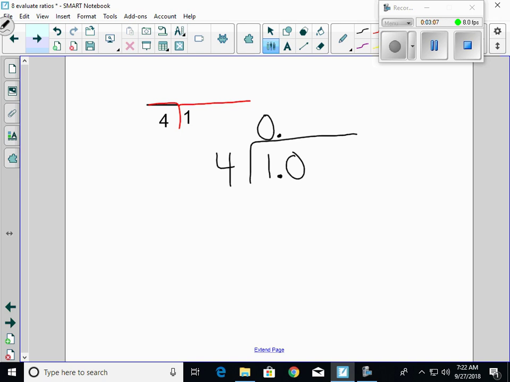Now I'm dividing 4 into 10 instead. Well, 4 goes into 10 2 times because 2 times 4 is 8. So 10 minus 8 is 2. Now I still have a remainder.